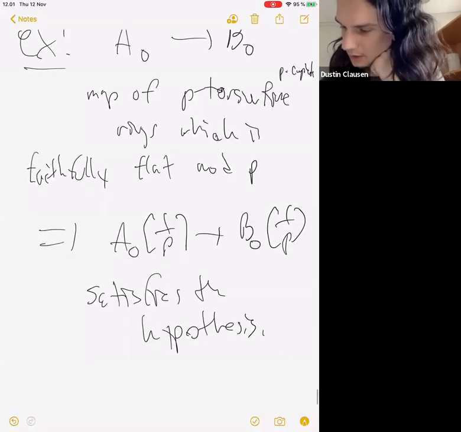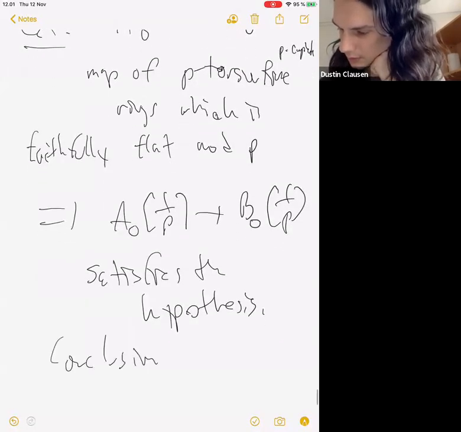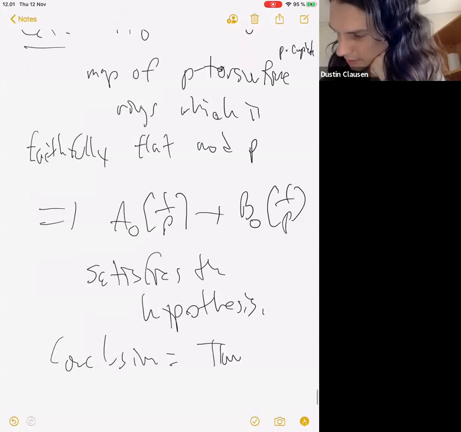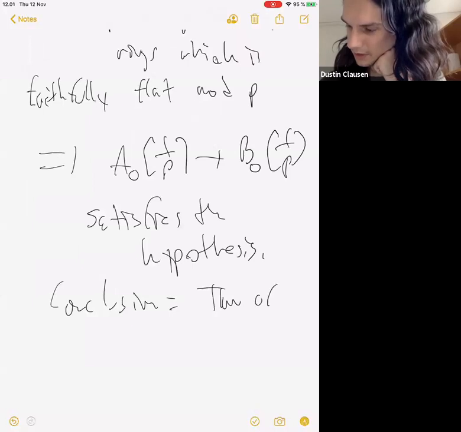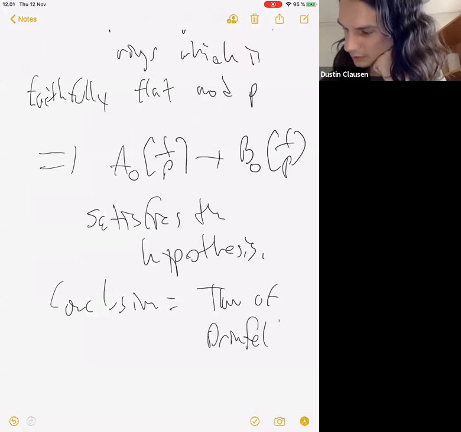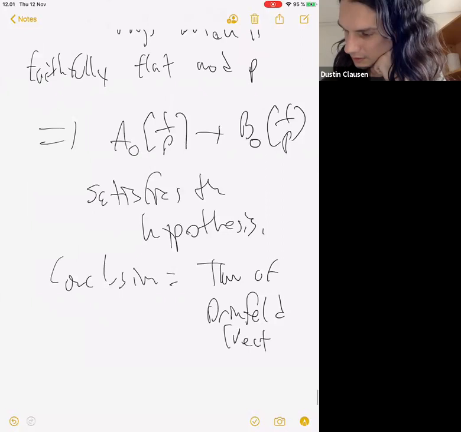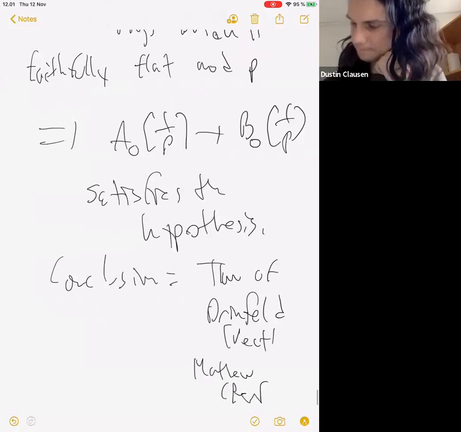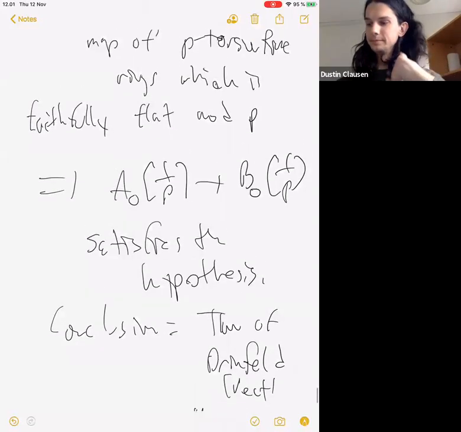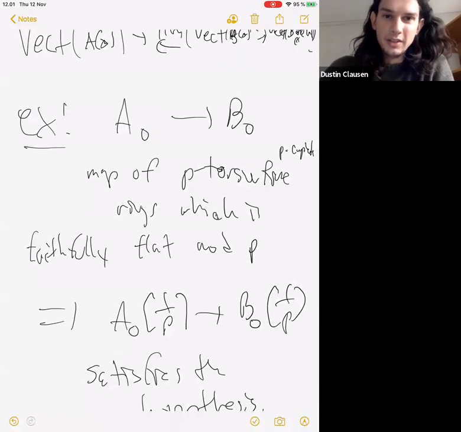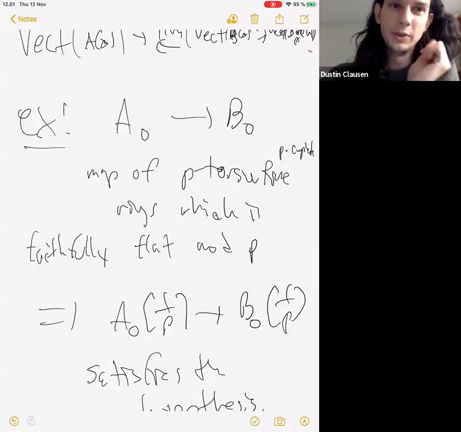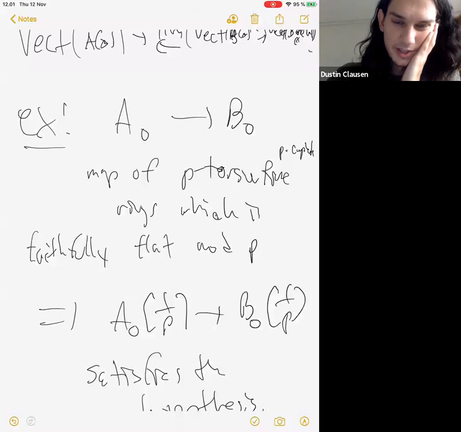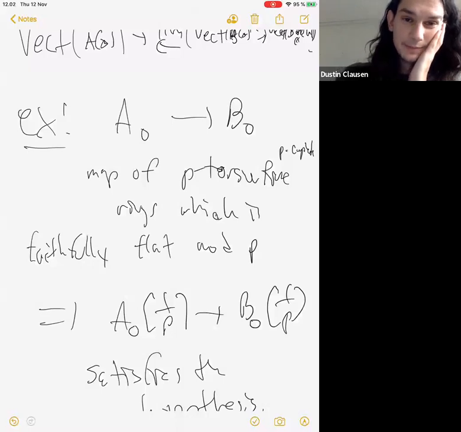And then the conclusion for perfect complexes and vector bundles is a theorem of Drinfeld for Vect and Akhil Mathew for Perf. These kinds of things come up if you're doing descent for vector bundles or perfect complexes in rigid analytic geometry.